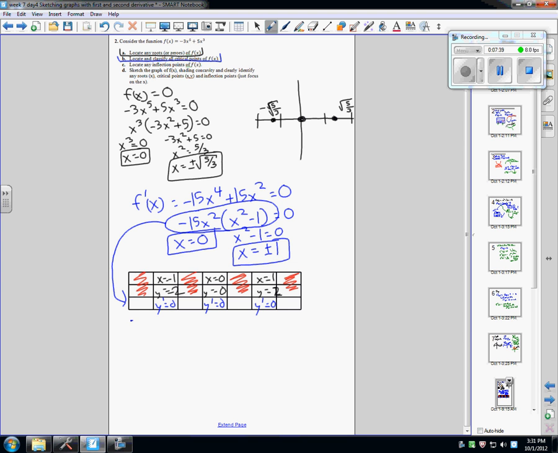If I plug in negative 10, squared is a positive 100, minus 1 is positive, so that's going to be negative overall. If I plug in negative a half, negative half squared is small, minus 1 is a negative, so that turns positive.